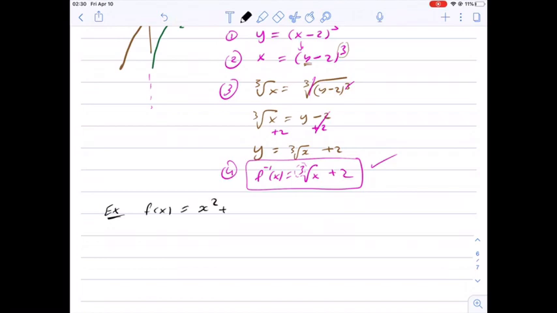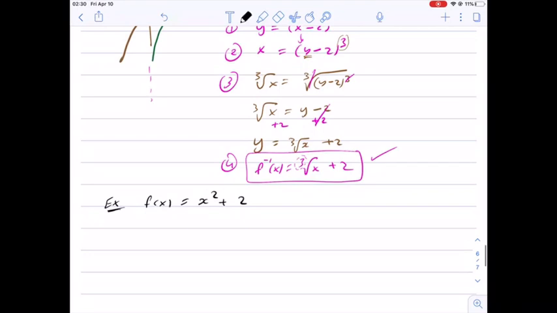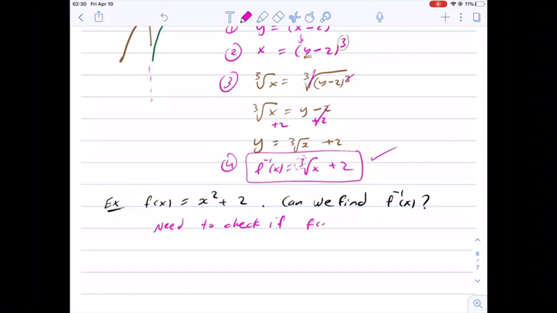So if f of x equals x squared plus 2, can we find f inverse of x? Let's see. We need to check first if f of x is 1-to-1.